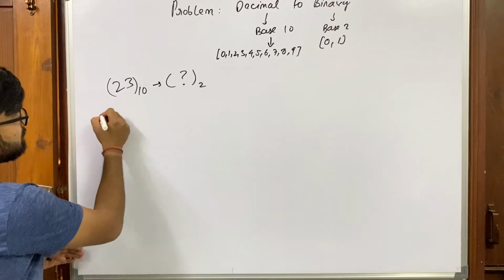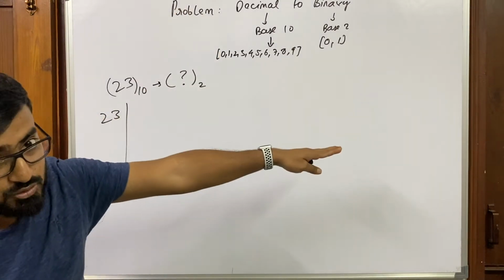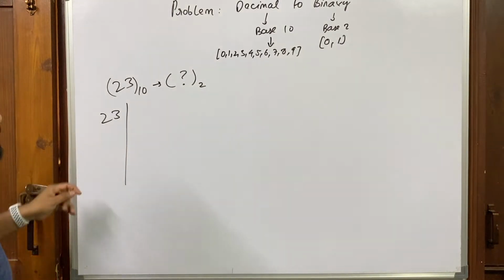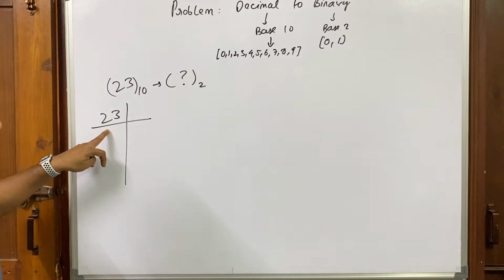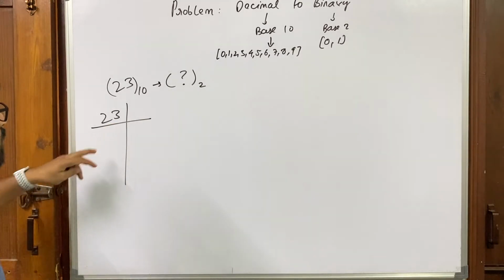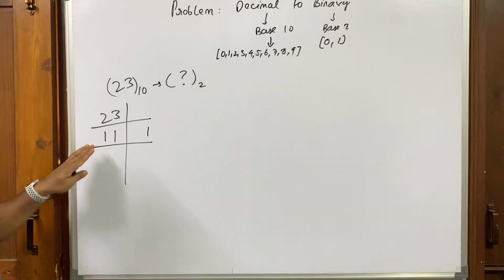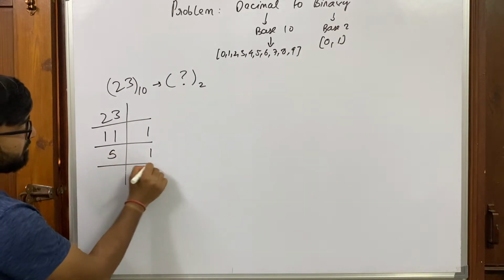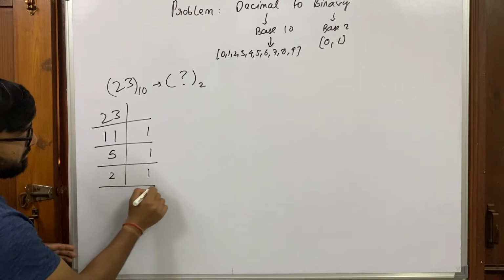What we do is divide 23 by the base to which it is to be converted, as long as it does not go to 0. So we keep dividing by 2 as long as it does not go to 0. When we divide it by 2, we get 11 with remainder 1. We divide 11 by 2 again, we get 5 with remainder 1. We divide this by 2 again, we get 2 with remainder 1.